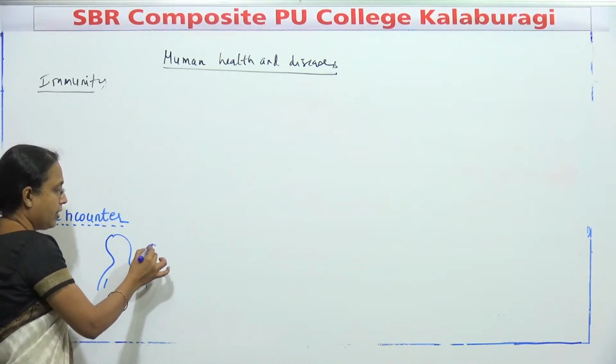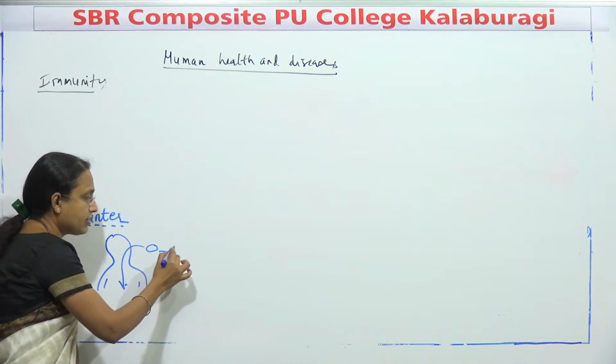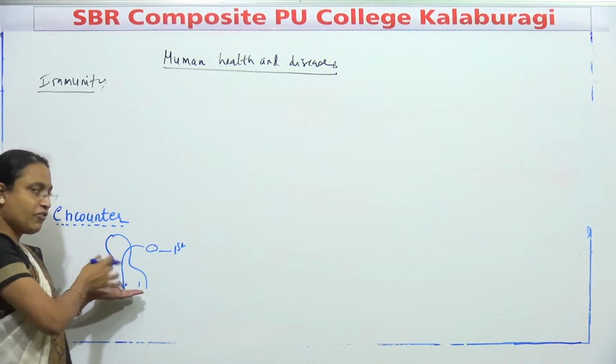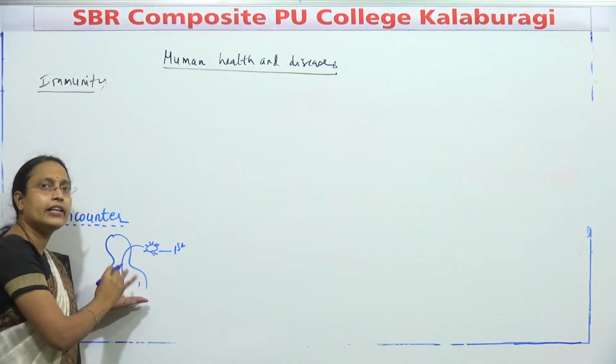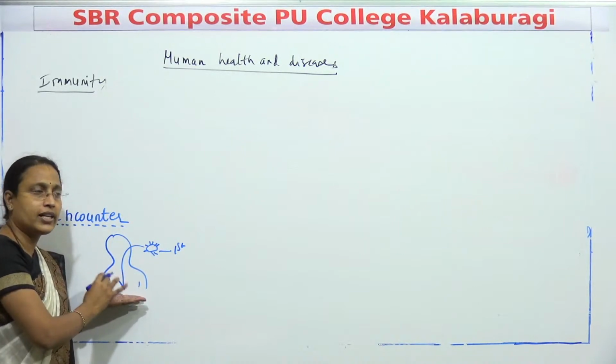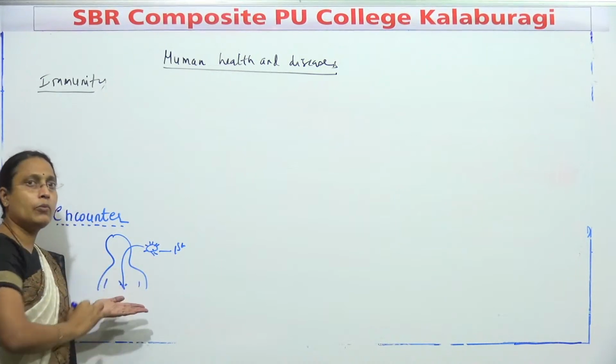The pathogen is entering inside a person for the first time. That means before in his life he has never been exposed to this antigen or this pathogen. First time it is entering the body.